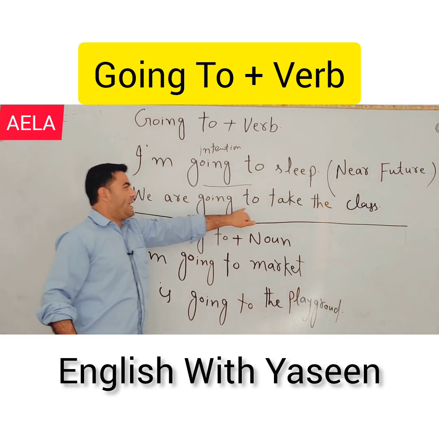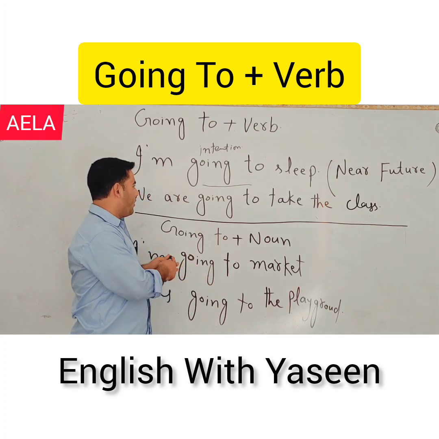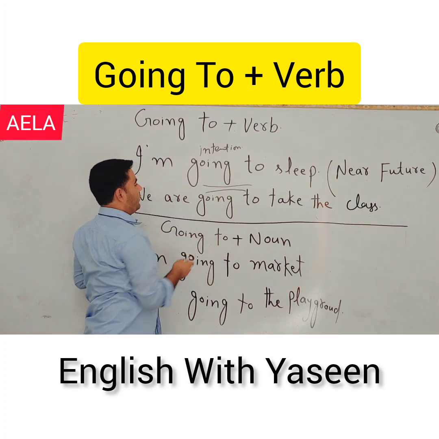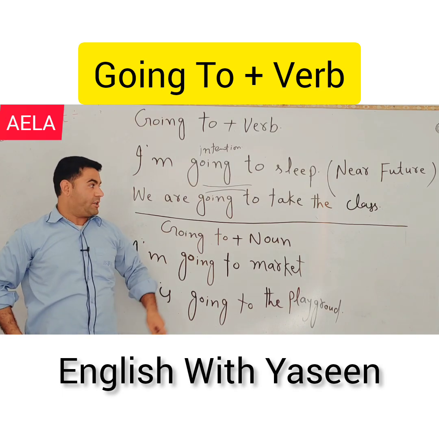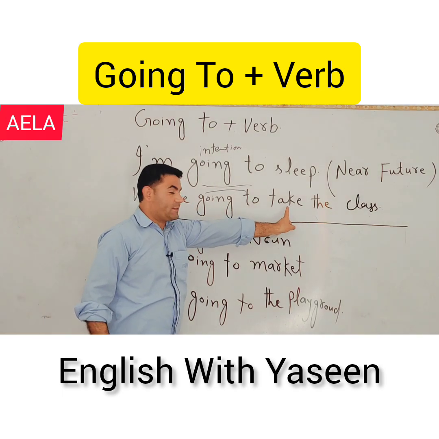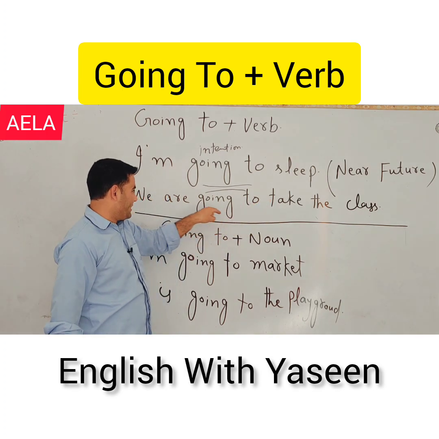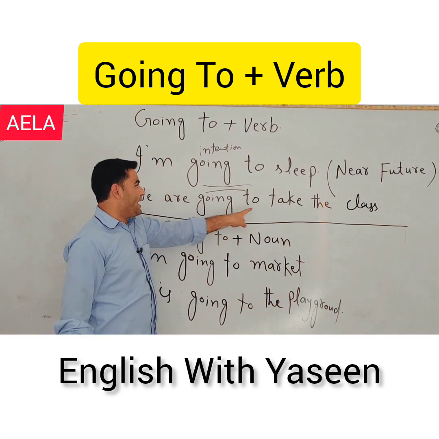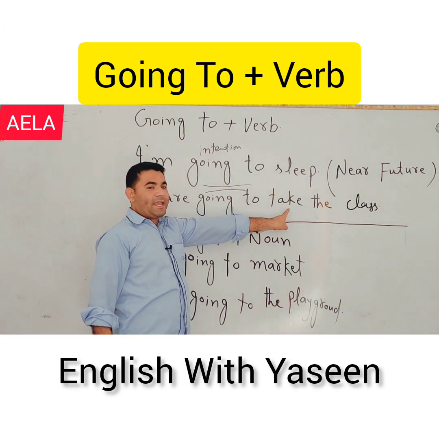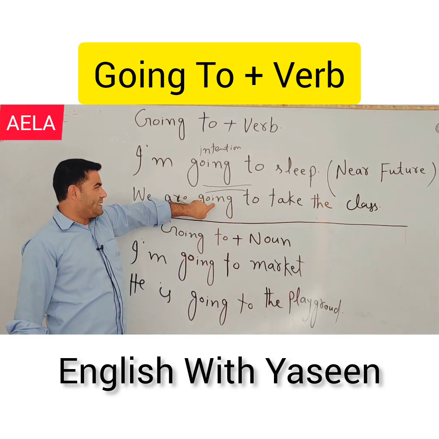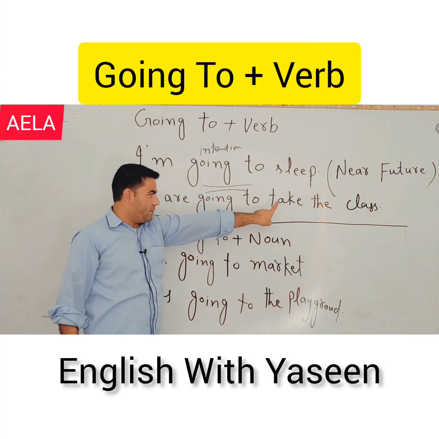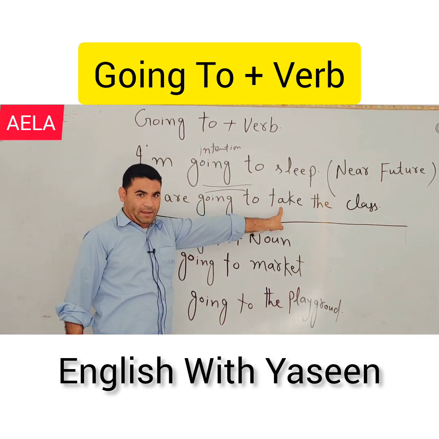We are going to take the class. Now this going to also shows future. It doesn't show us that it's an in progress action. Why? Because a verb has been used after going to. You just see, we are going to take the class. So take is a verb, so it means that this going to is not an action. The main verb will be take, okay?